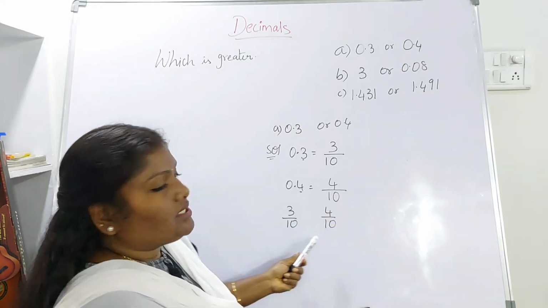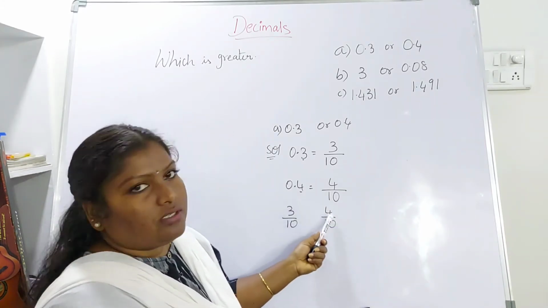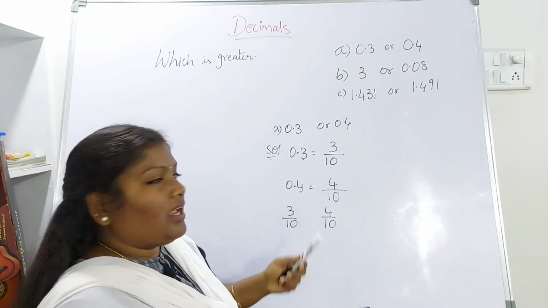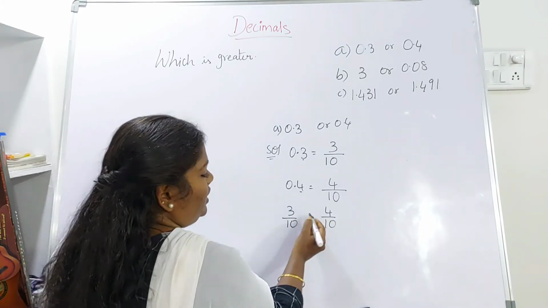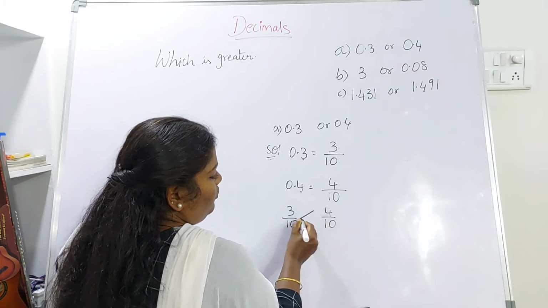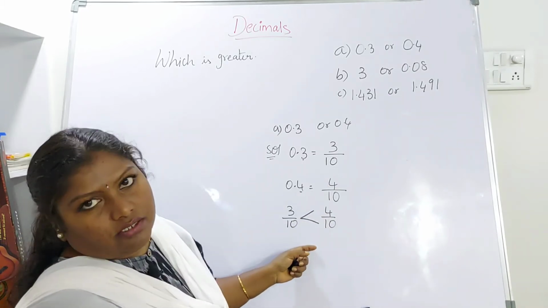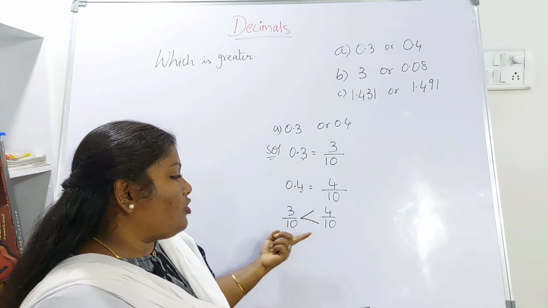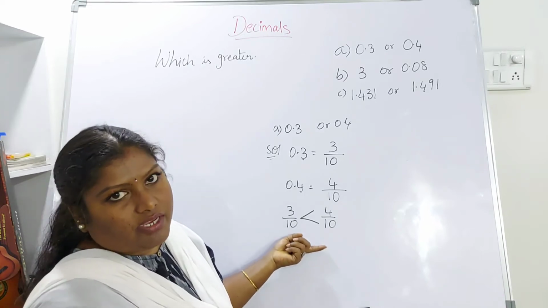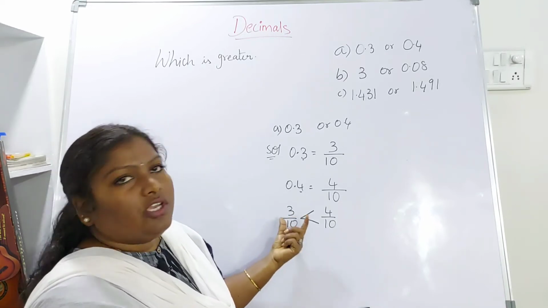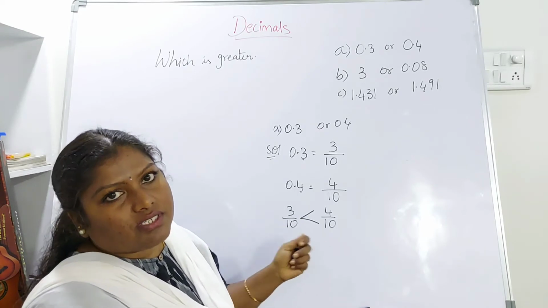Now because the denominators are same, you can see which numerator is bigger, that value will be greater. So here 4 by 10 is greater. Now whenever you have the denominator same, they are called like fractions. When it is a like fraction, you can easily compare and say which is greater.